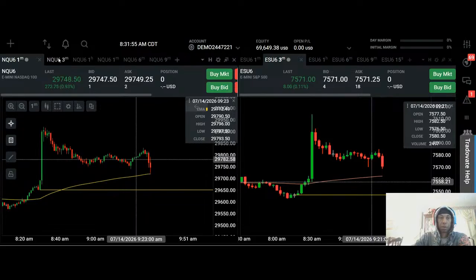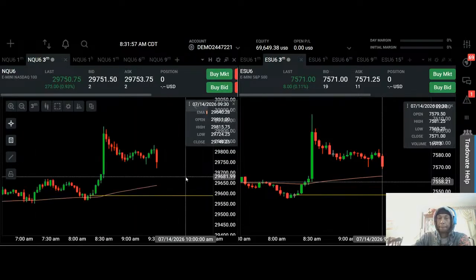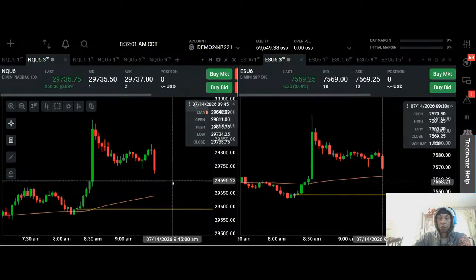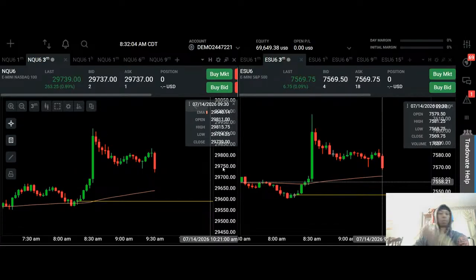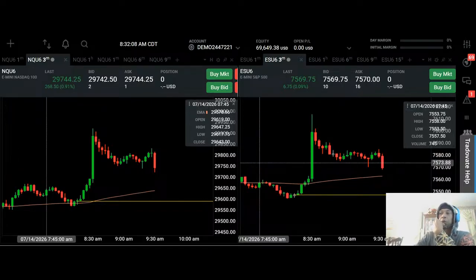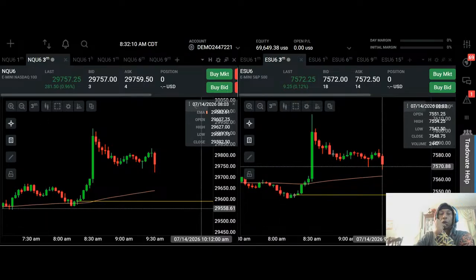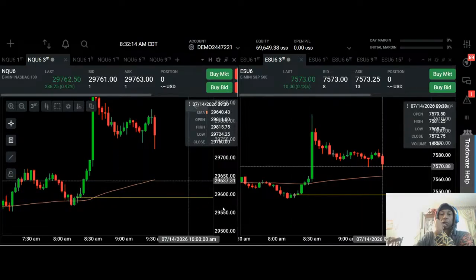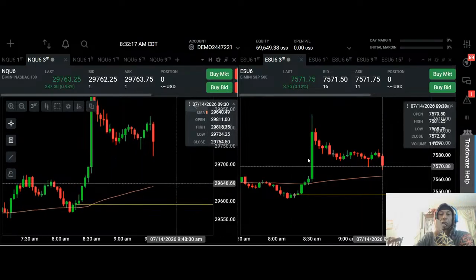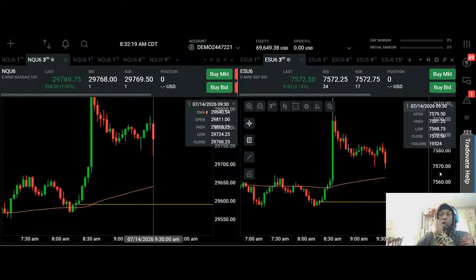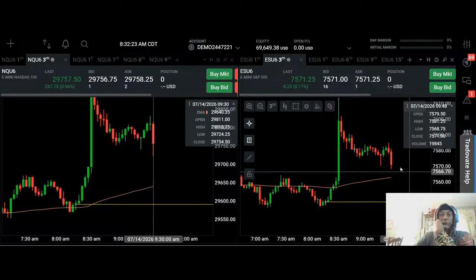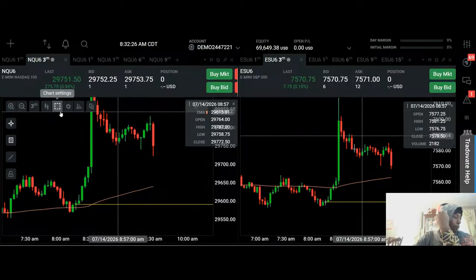Yeah, 9:31. So I'm waiting for a sweep of the lows right here, where my line is. I'm waiting for a sweep of this candle. ES, NQ, YM.